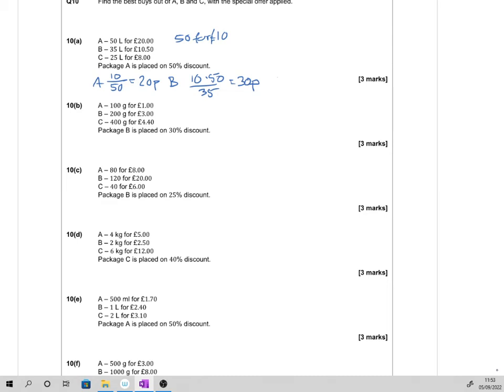And C is £8 divided by 25, which is 32 pence.